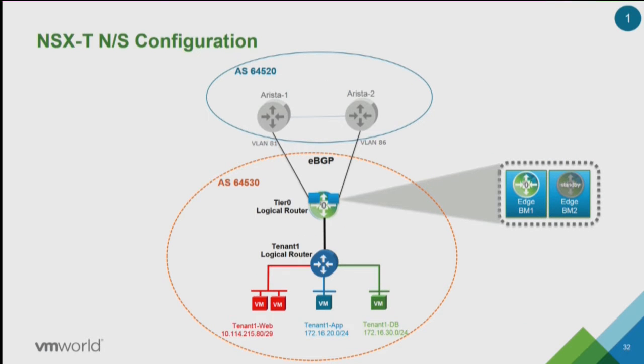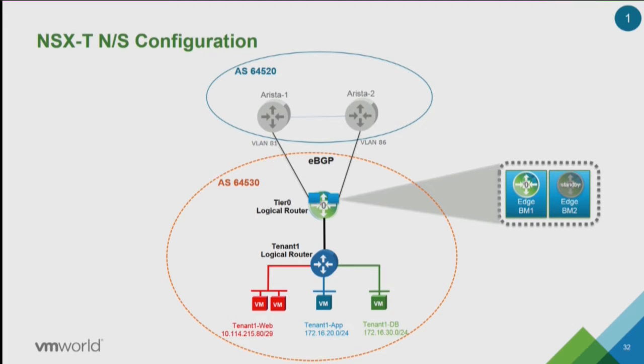So let's get into our demo topology. We have this tier 0 router, which we will configure in the UI or the API. And we will host the services which are running on the tier 0 logical router on two edge nodes, edge bare metal 1 and edge bare metal 2. So we are going to use bare metal edge nodes in this demo. The tier 0 logical router is going to establish a peering relationship with the top of racks.